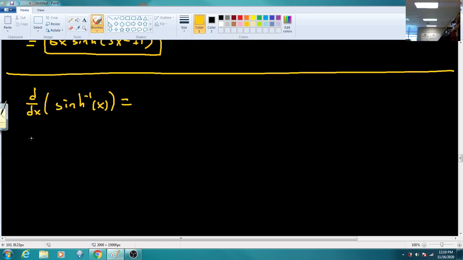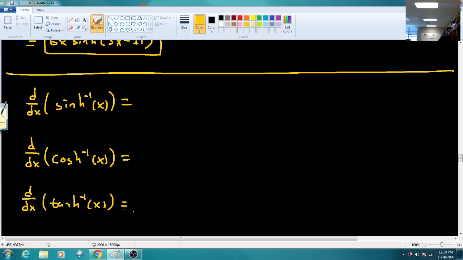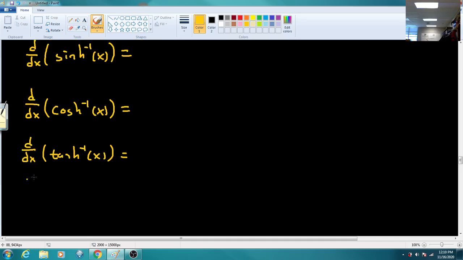We have the derivative of inverse hyperbolic cosine. Same for hyperbolic tangent. And cotangent and secant and cosecant.